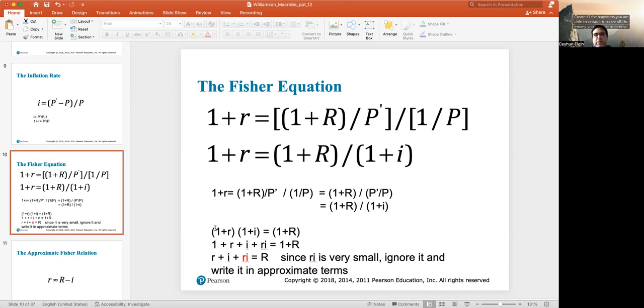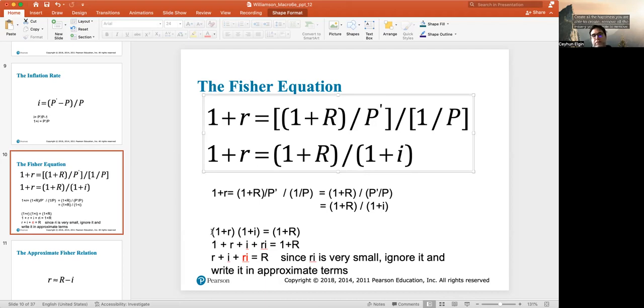And if you now further do the following, you can look at the math here if you want. So 1 plus r is equal to 1 plus R divided by P prime divided by 1 over P, or 1 plus R divided by P prime over P, or 1 plus R divided by 1 plus I. So now we have this second equation over here. Then we can take this 1 plus I to the left-hand side.